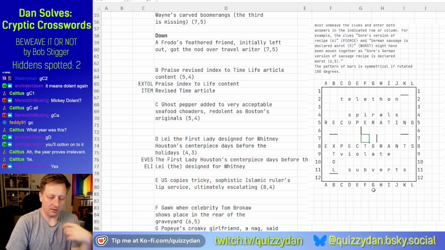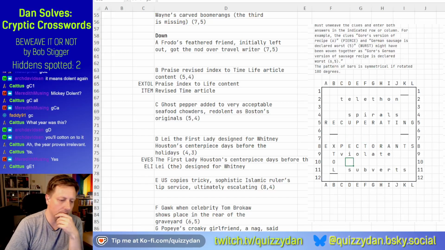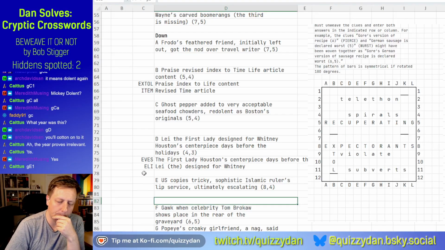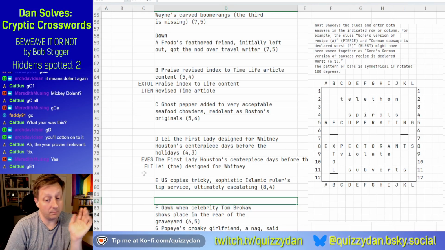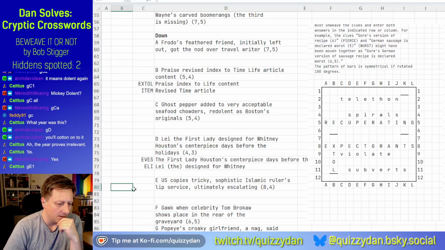I'm getting rid of that because it's just annoying me. Get rid of those lines as well. Probably find out it was right now, but for now. And that violate is absolutely not going to go there. Those crosses are pretty bad.